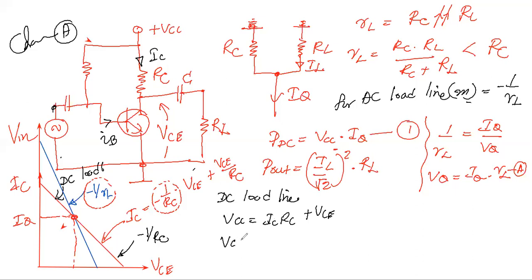VCC equal to IC, mean IQ value flowing through the circuit, into RC. VCE is equal to VQ. You're operating at this point. This is the VQ. You're operating at the middle point. Therefore, you can substitute this voltage, and IC is equal to IQ. So you have the equation for VQ.